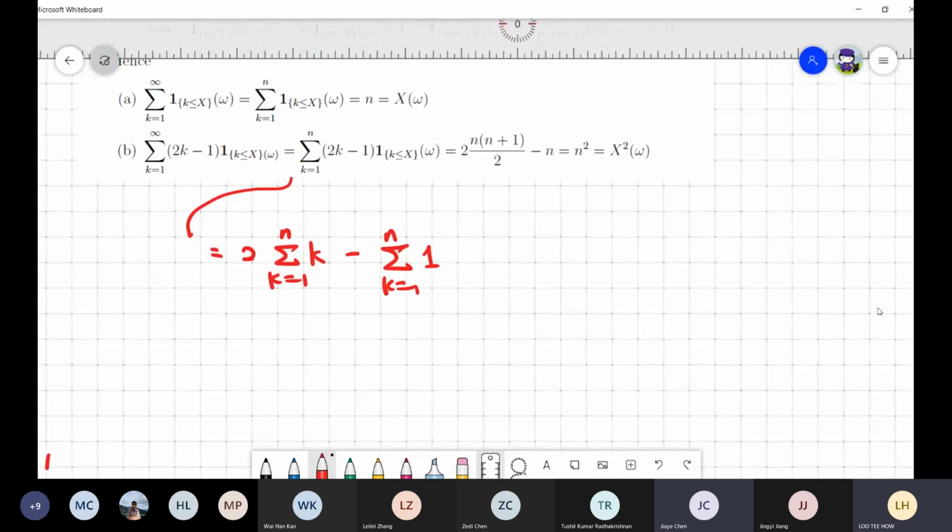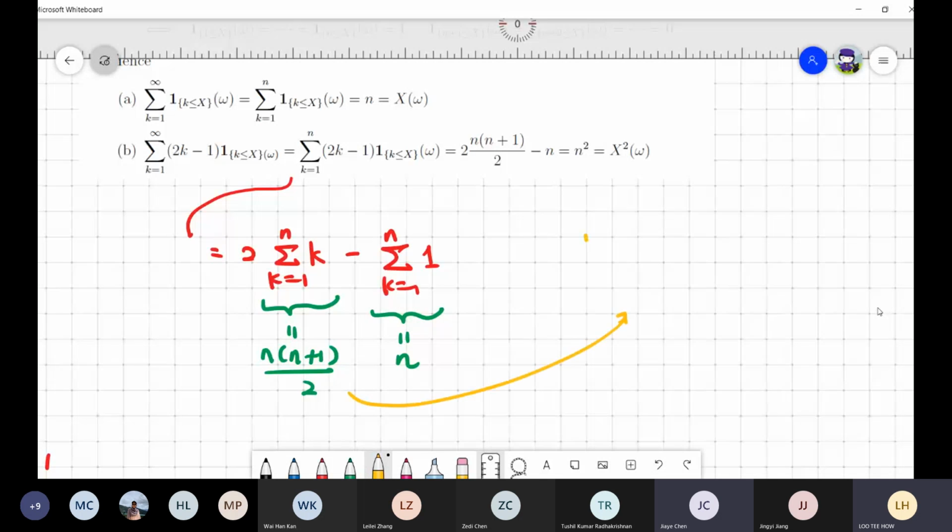This is clear, this part is always equal to n, no problem. And next, this one is equal to this n over. So how do we do this? Again, you refer back to calculus.